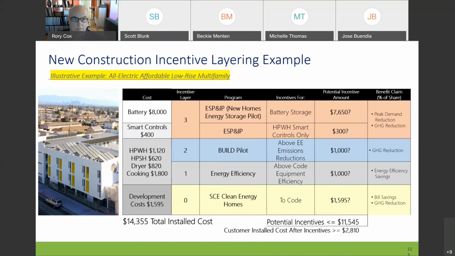You have bill savings that a customer will realize by going to this model, but you also have other factors. And again, the difficulty is how do you parse out the benefits from the different programs and the different value streams so that each program that is contributing can get a fair or equitable return or benefit that they could claim in their program to be able to meet their individual goals.